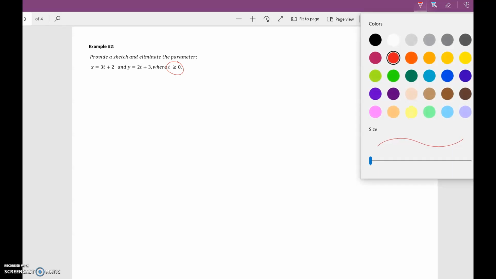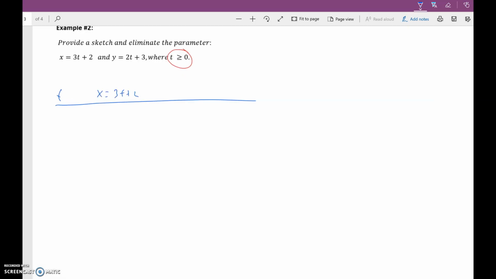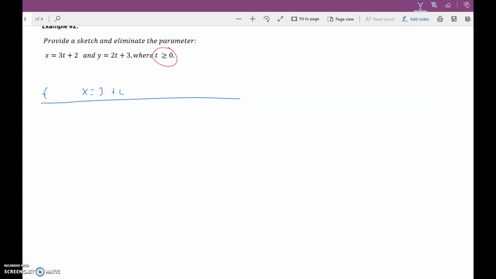Okay, so what I'm going to do is look at the domain of t, and t is greater than or equal to 0. So I'm going to start with t equal to 0, and let me make my table. X is equal to 3t plus 2, and then our y is equal to 2t plus 3.